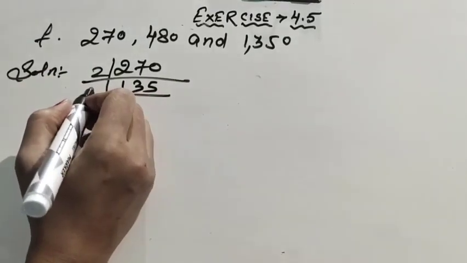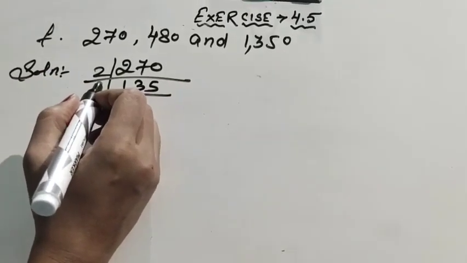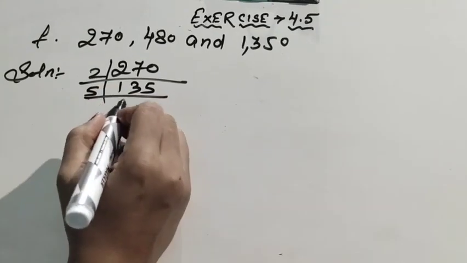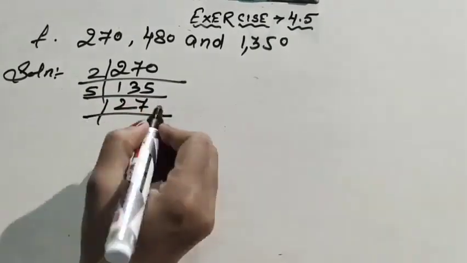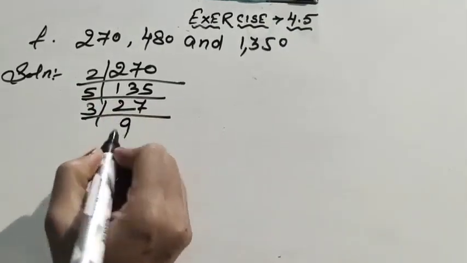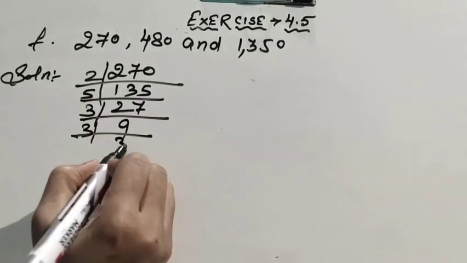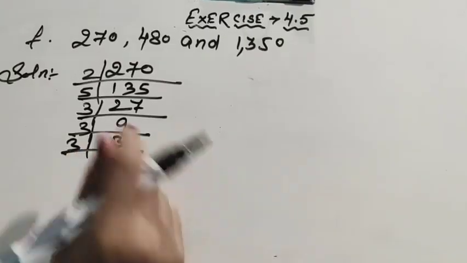Now we will go for the 5 table. 5 27s are 135. Now again go with the 3 table. 3 9s are 27. Then 3 3s are 9, 3 1s are 3. Now this process is complete.